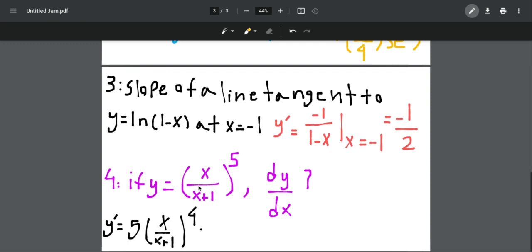Multiplying by the derivative requires knowledge of the quotient rule. So with the quotient rule, when we want to differentiate a rational function, we should square the denominator. So we get x plus 1 squared.